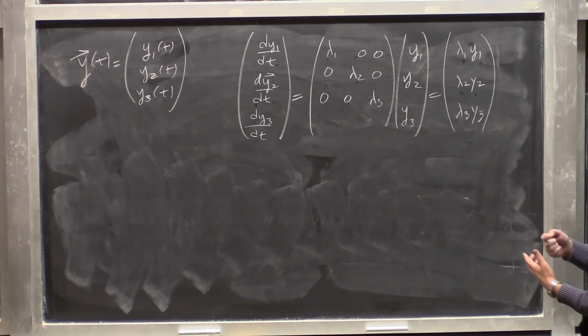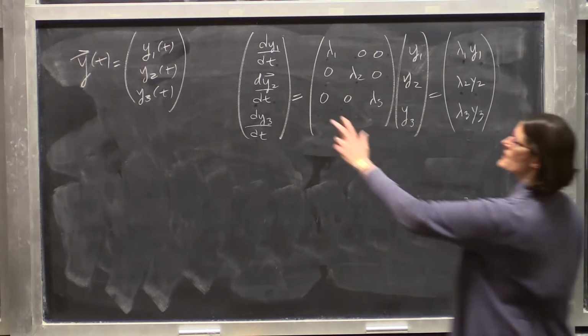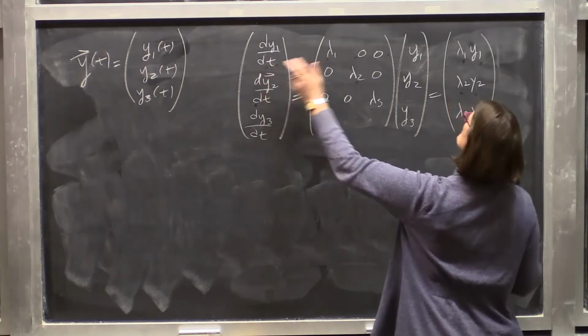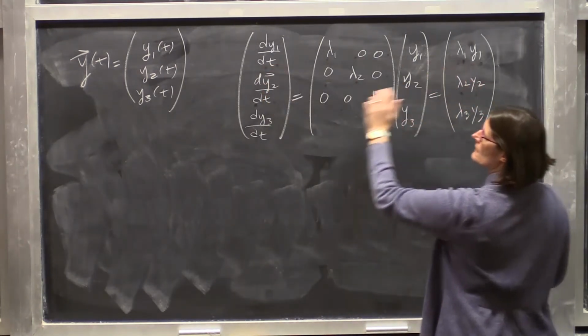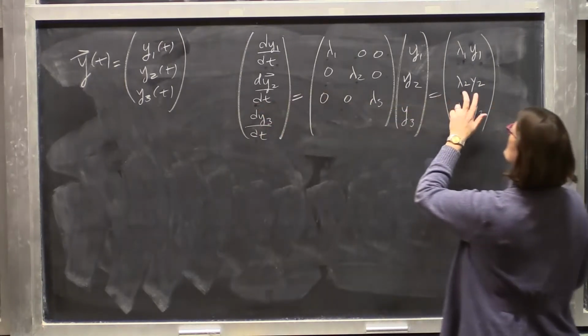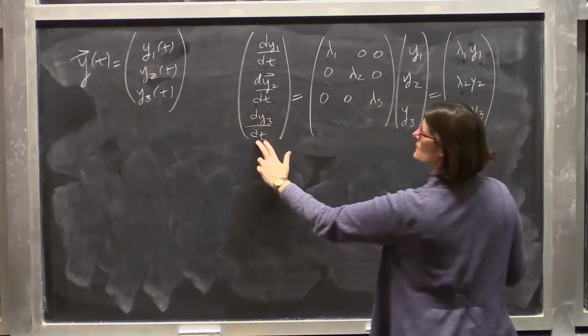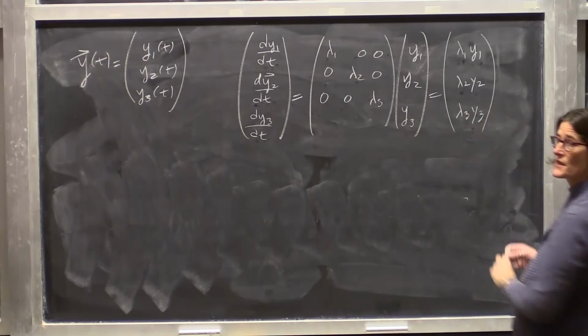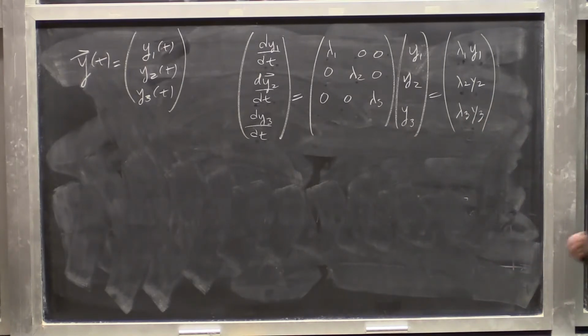We didn't have things so nicely separated, because right here, dy1/dt only depends on y1. dy2/dt only depends on y2. dy3/dt only depends on y3. There's no coupling between the unknowns. Why did it turn out so nicely? What's special about the matrix?